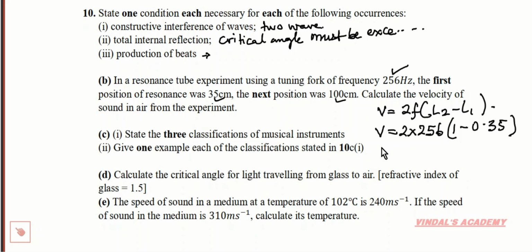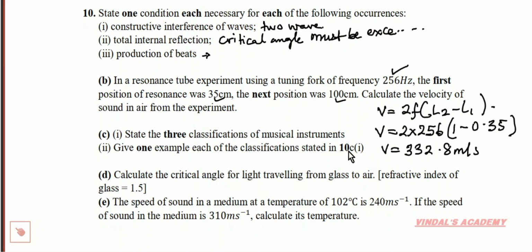All right, so everything is going to be this times 1 minus 0.35. If you multiply everything, you're going to have 2.8 meters per second. This is going to be your answer for that question.